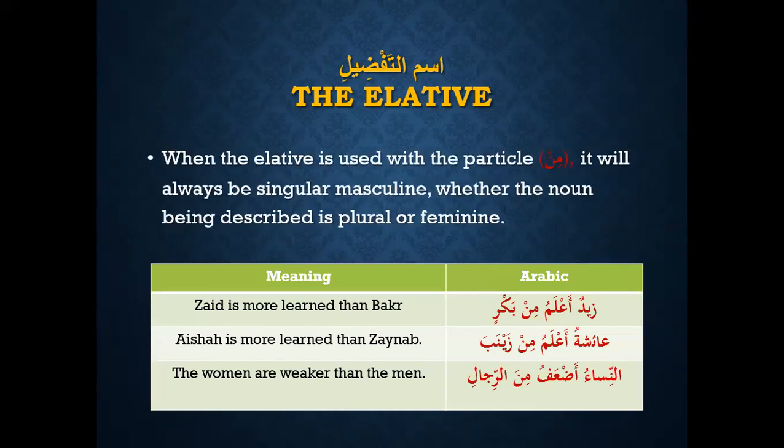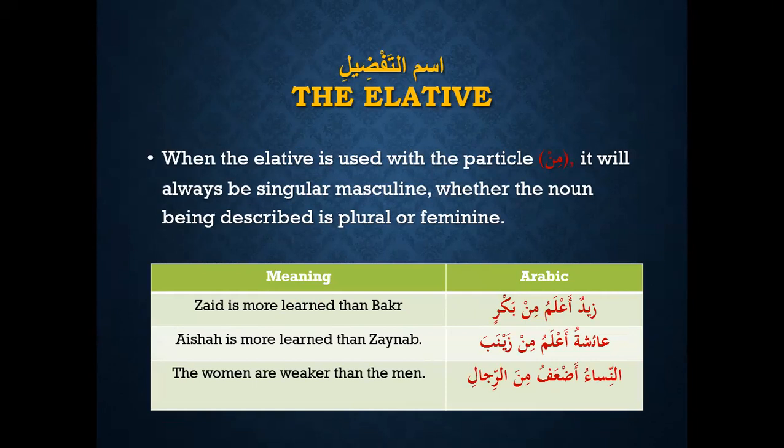Now remember, if you use the particle min, it should be singular. A'lamu. You can't use the tasniya of a'lamu, a'lamani, or the jama, a'lamuna, for example, or even for mudhakkar. You just bring the singular masculine form only.